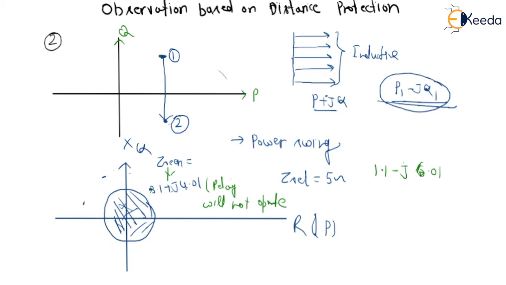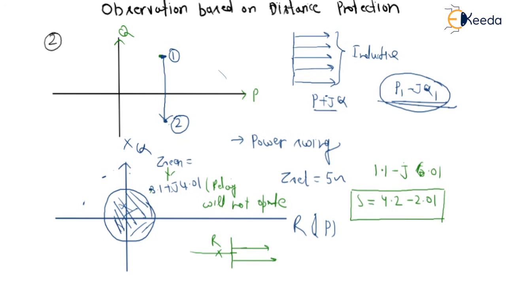The total load S will be 3.1 plus 1.1, basically 4.2, and this will become minus j2.01 overall. So if there is an industrial load and the loads are changing, here we have our relay, and after changing the load the power at this bus becomes 4.2 minus j2.01. The relay will see 4.2 minus j2.01, compare it, and see that the point moves from here into the operating zone. So at this time the relay will operate.